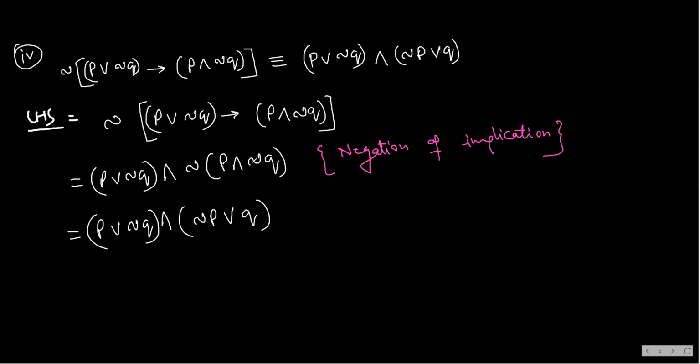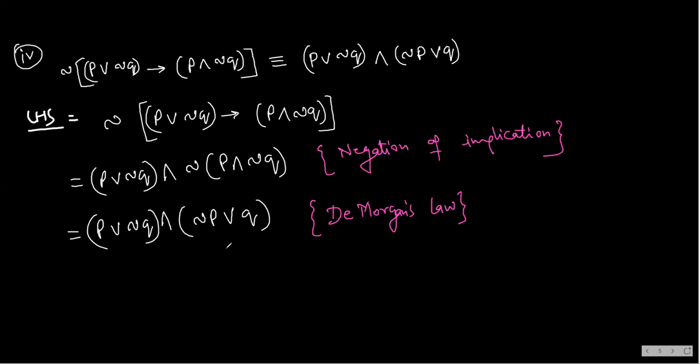See, negation of conjunction is the disjunction of their respective negations, right? So here it is De Morgan's law.